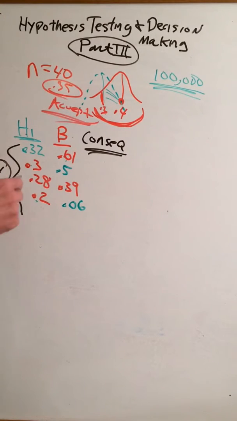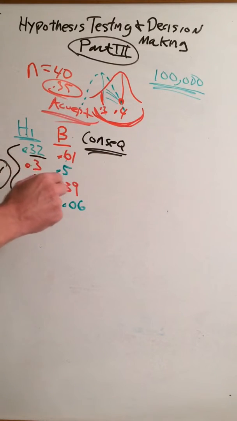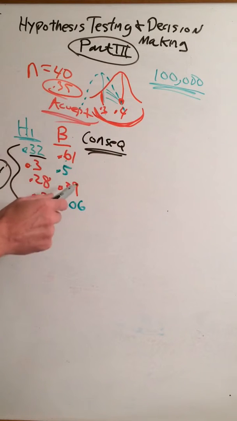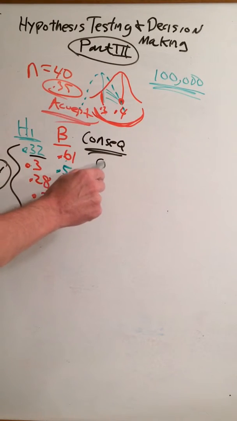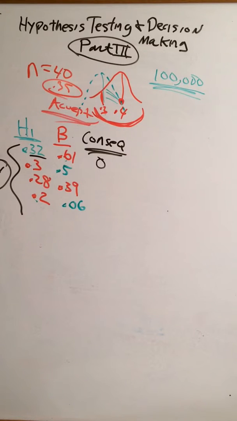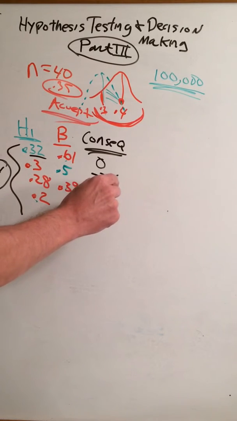So we got 4. Now the consequence: at 0.32, they did a profit and loss model, and it's not too bad, so let's say the profit would be 0. At 0.3, they did a profit and loss study and said we're going to lose $2,000, $2K.